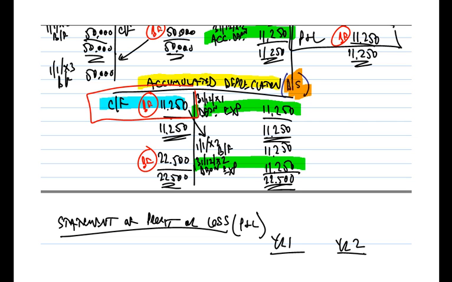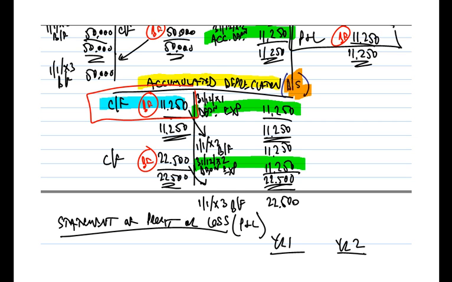And again, because this is a balance sheet T account, that figure would now be carried forward. You can imagine at the beginning of the third year, our brought forward balance is now 22,500. Can you see the way it's building up year by year? So that's called accumulated depreciation. So we've now got 2 years' worth of depreciation in there.